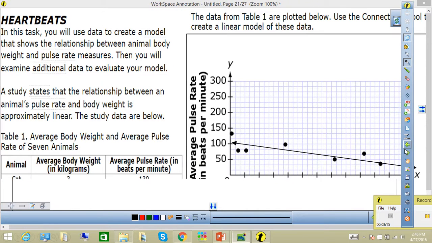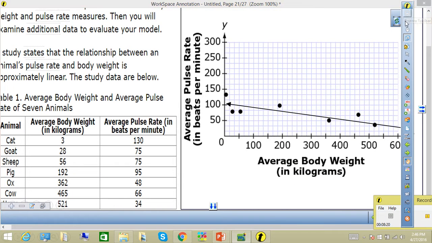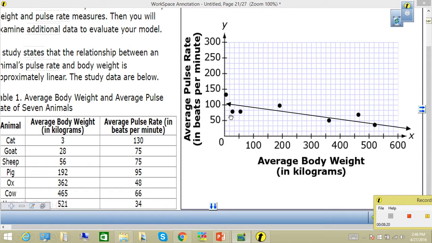So here we go. Let me go back. Look at this one. Look up. Look at the line. This is my y-axis. Tell your neighbor, what is the y-intercept?